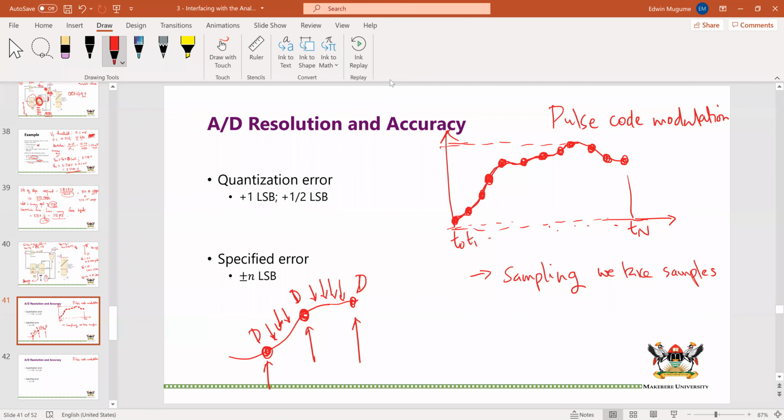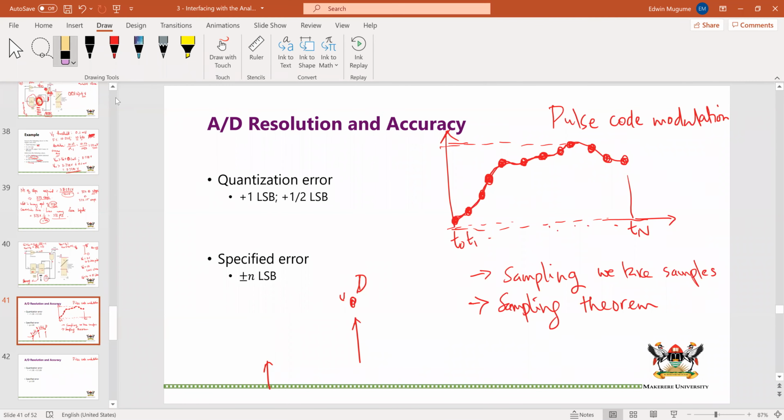Now, there's a theorem that manages this sampling. In fact, this is called a sampling theorem. There's a rule that you must follow to perform this sampling. It is not a matter of just sampling. And this sampling is about the rate.